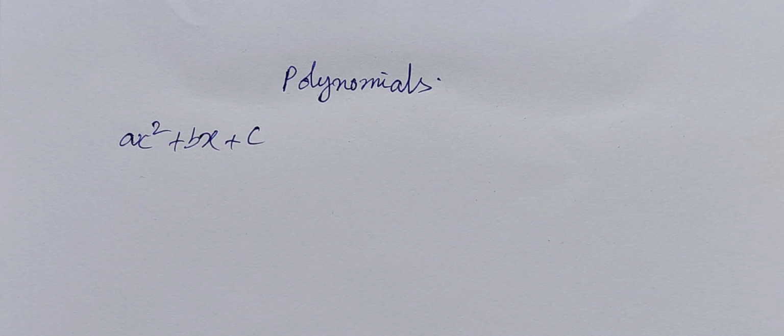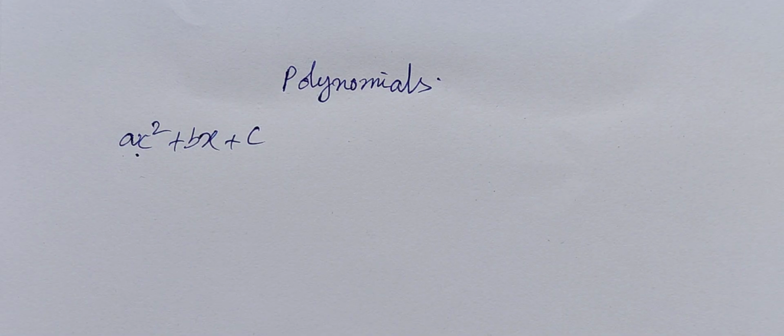Here the variable, in this case, is x, and it is changing. a, b, c are all coefficients and their value is always constant, whether they are 1, 2, 3, it doesn't matter, but x can take different possible values. So that is the variable.